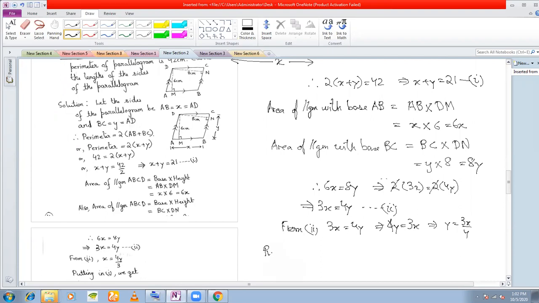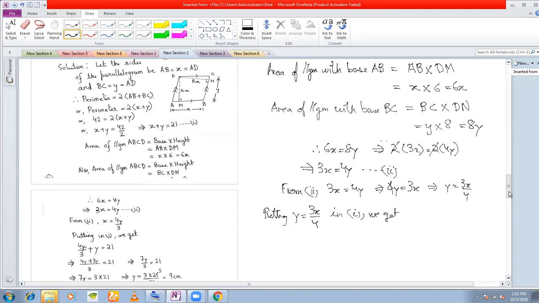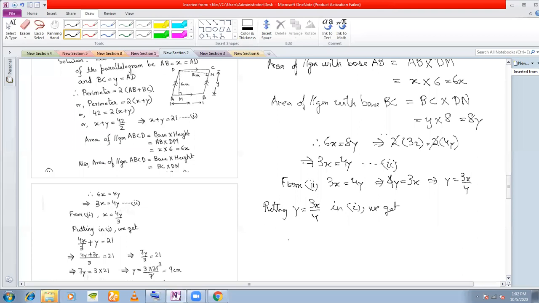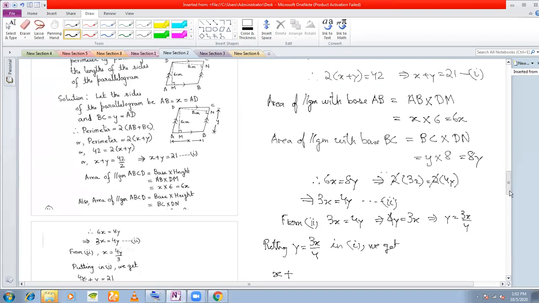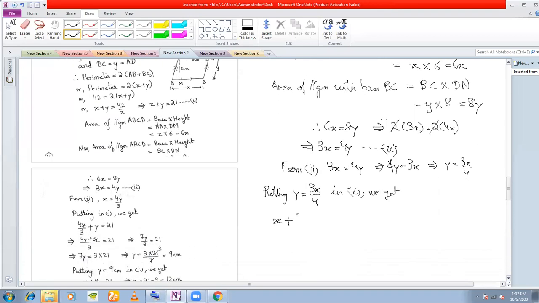So putting Y is equal to 3X by 4 in 1, we get X plus Y is equal to 21. And what is the value of Y? 3X by 4. You put X plus 3X by 4 is equal to 21. Now take the LCM. 4X plus 3X by 4 equal to 21. That means 7X is equal to 84.